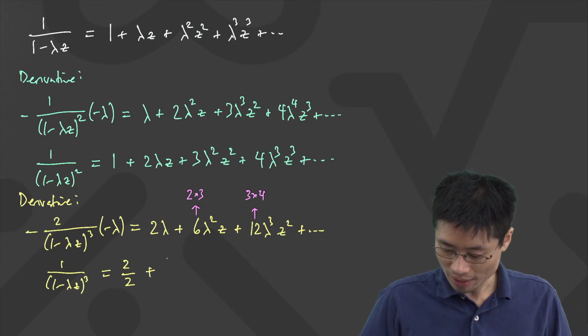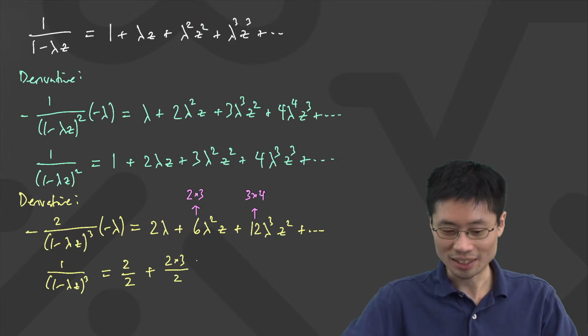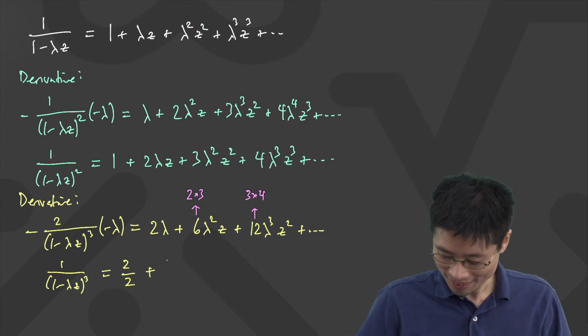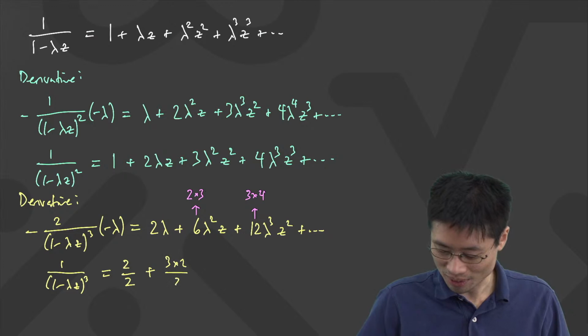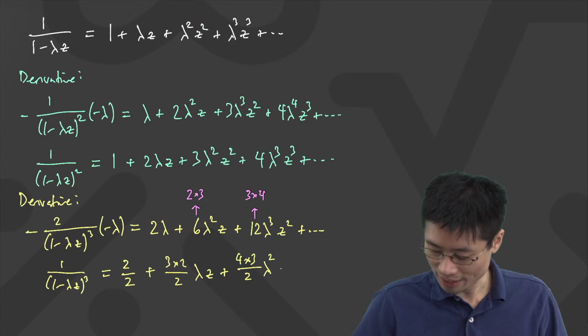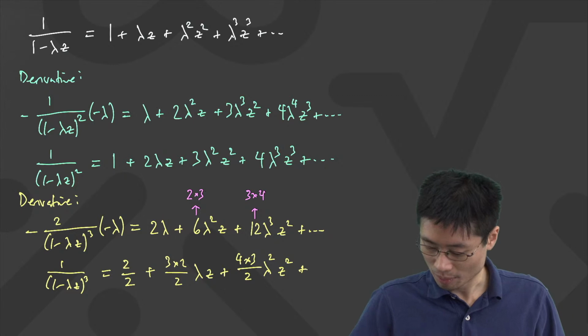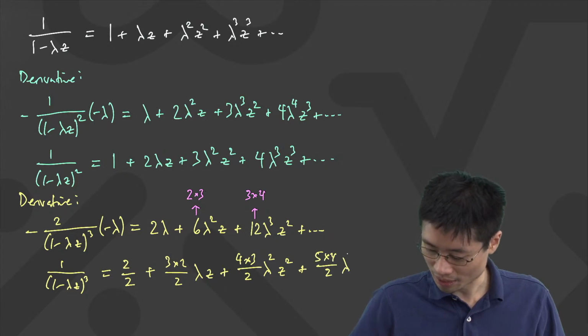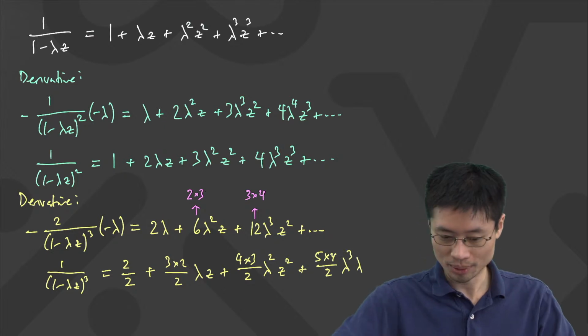Then I get, you said it was 2 times 3 over 2. Actually, can I flip them? I want to call it 3 times 2, just for fun. 3 times 2 over 2, I have a lambda z, plus a 4 times 3 over 2, lambda squared z squared, because I divided by a lambda, plus the next one's obviously going to be 5 times 4 over 2, lambda cubed z cubed. Oops.